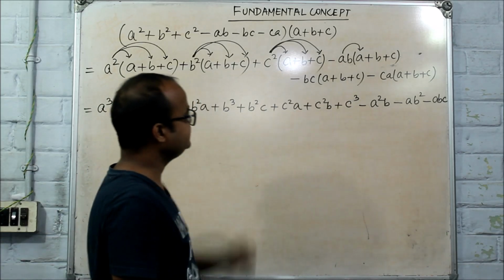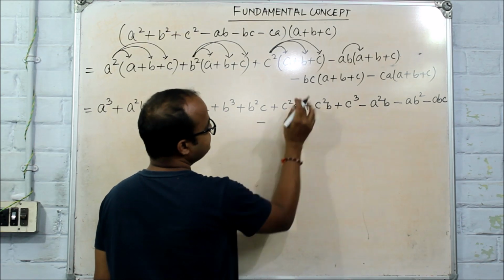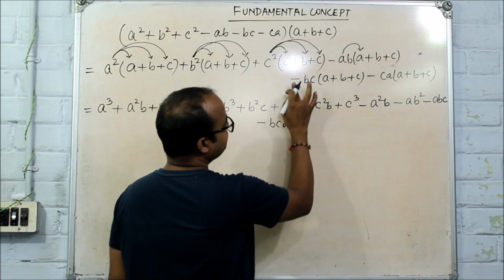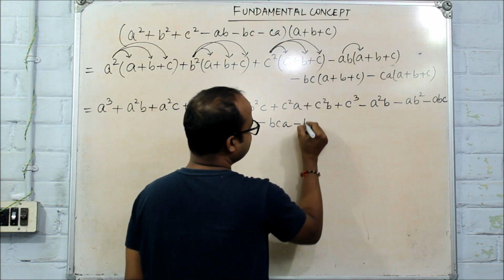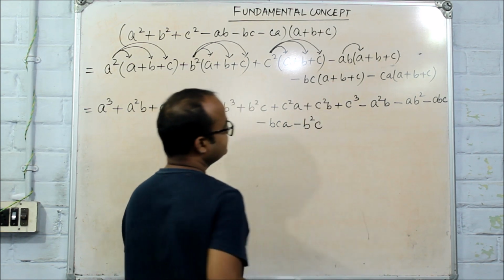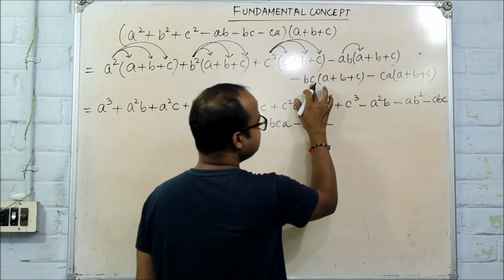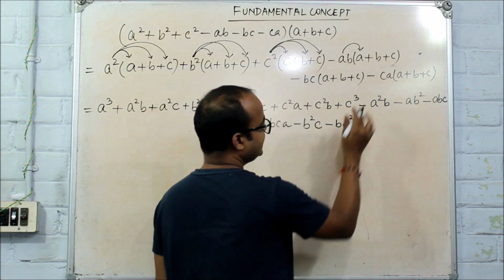Moving to the next term, minus bc into a: minus plus minus abc. Minus plus minus b square c. Minus plus minus bc into c, that is bc square.